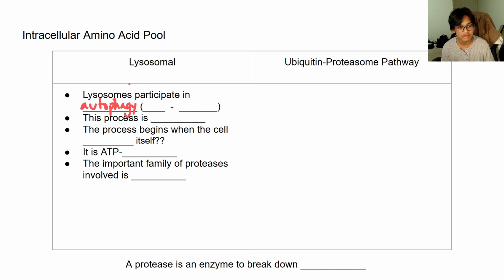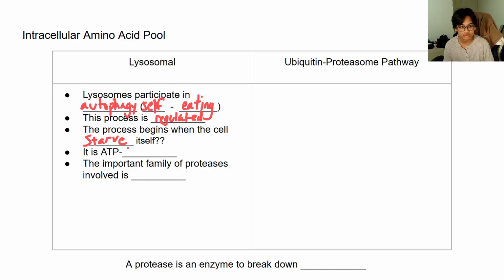Auto is self, and the other word is just eating. The process is regulated, so it doesn't just go on all the time. And the process begins when the cell starves itself.